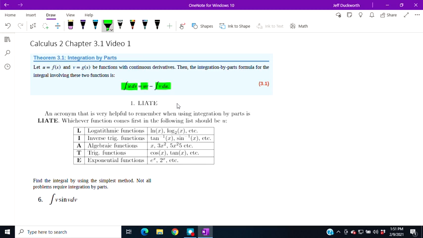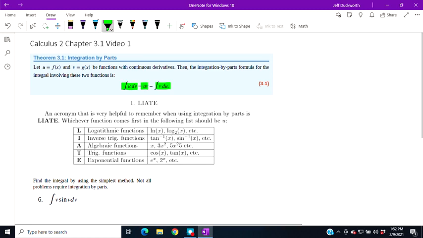So kind of the process for this is you determine what you want to have as your u first, and the other part you pair up with the dv part. So that's kind of the method for how to do this. A lot of times the dv could be just the dx, but it'll be dx and something.